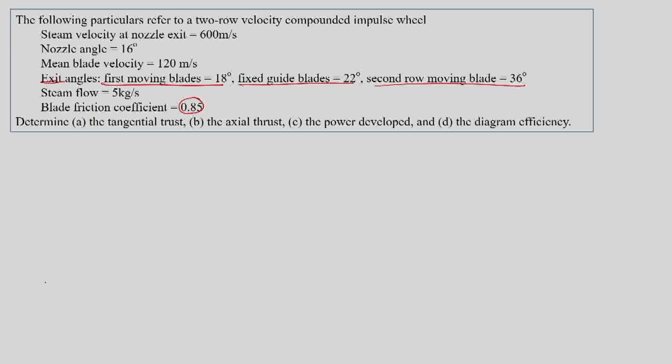First of all we should draw the velocity triangle and denote whatever is given to us. So we will refer this as alpha and this is beta 1, since this is V1, this is VR1, this is V2, this is VR2, so this is beta 2, this is delta, and then we have to draw the second velocity triangle.